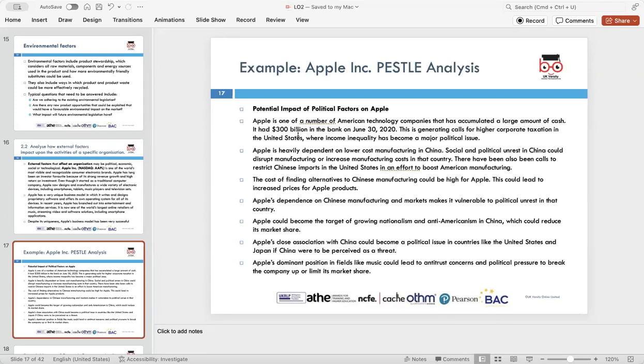As a result of its reliance on Chinese production and markets, Apple is exceptionally susceptible to political turmoil in China.